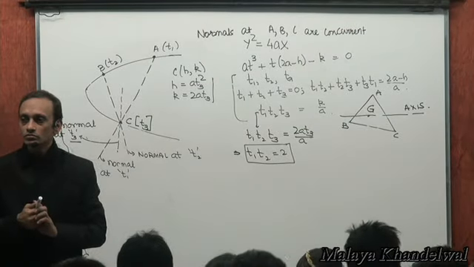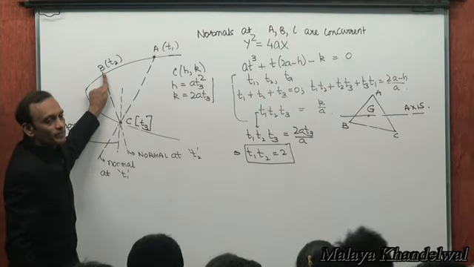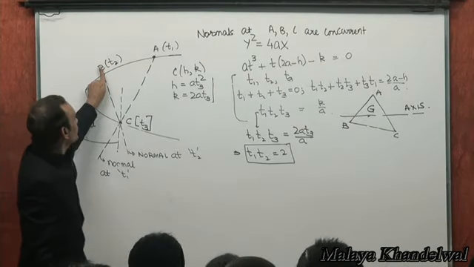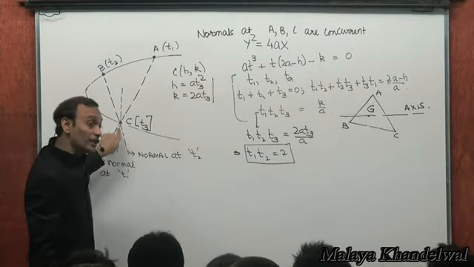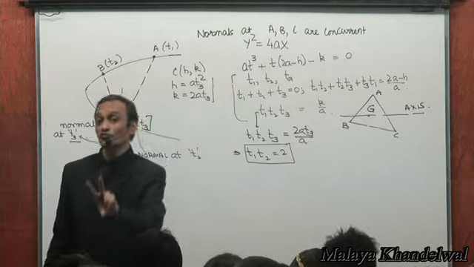Yes or no? Which means, if I have 2 points on the parabola and the normals at these points intersect again on the parabola, then the product of their T's must be 2.